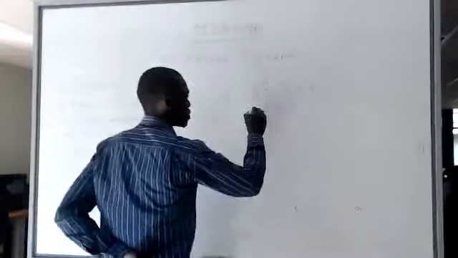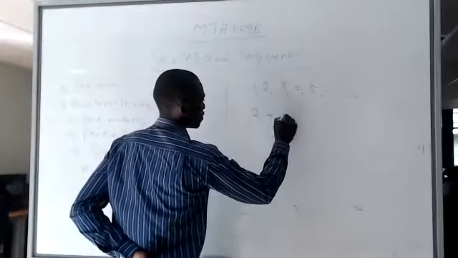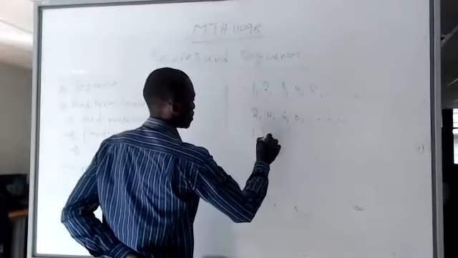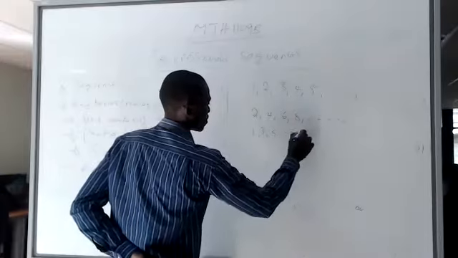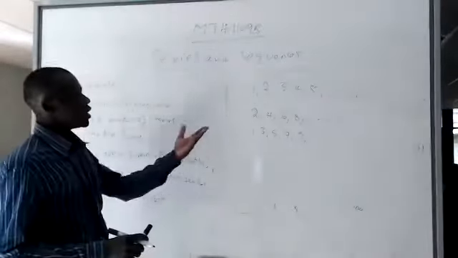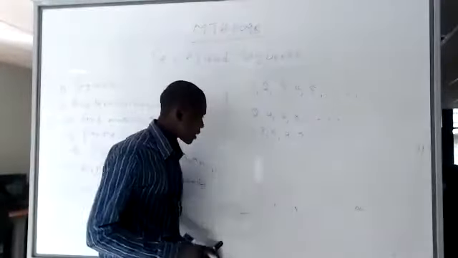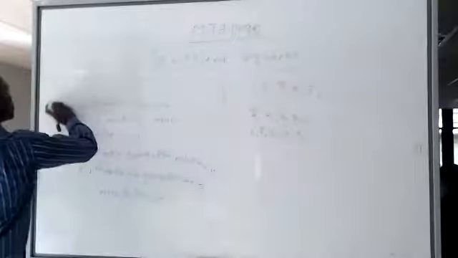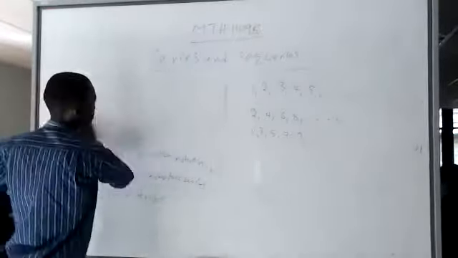You also have a sequence of even numbers 2, 4, 6, 8, and so on. We also have a sequence of odd numbers. Just a list of numbers which obey some particular rule or some pattern. Now, that is not a rigorous mathematical definition of a sequence.